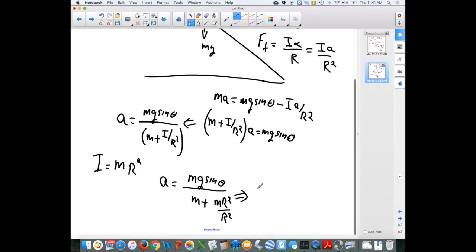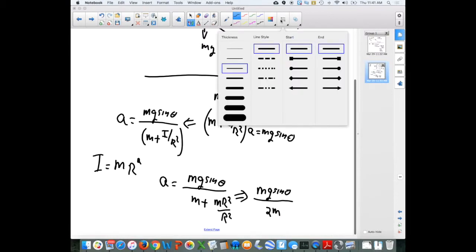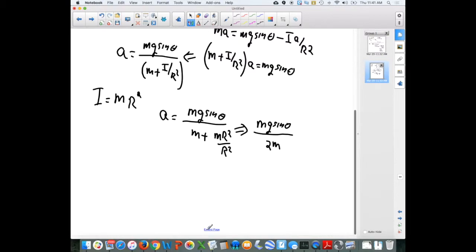That looks like mg sine theta over 2m. Perfect. The m's are going to cancel out, and I'm left with acceleration is g sine theta over 2.